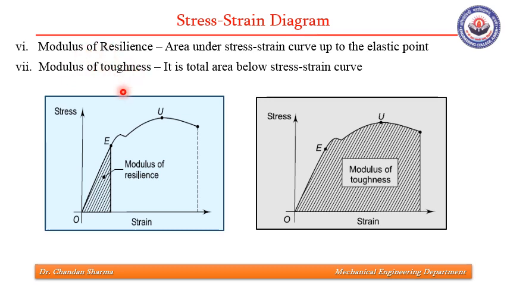We can see that the area under the stress strain curve up to point E is called modulus of resilience, and the entire area under the stress strain curve is known as modulus of toughness. These are two important properties which define resilience and toughness, that we'll be covering in the subsequent slides.